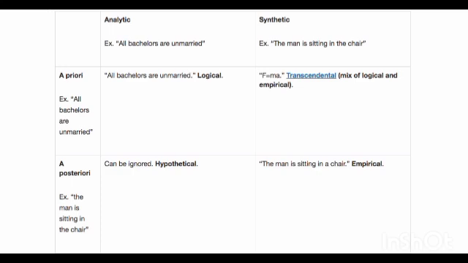But also if we talk about formal logic, we can talk about logical connectives, like "and," "or," "if then." "And" is conjunction, "if then" is implication, "if and only if" is equivalence, and "not" is negation.